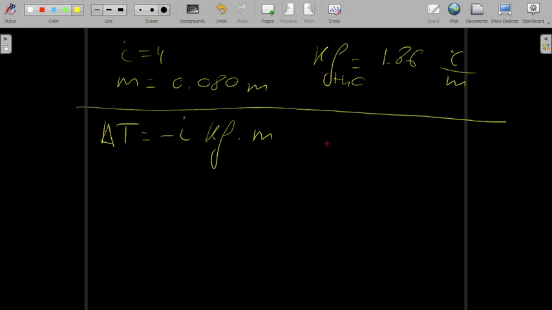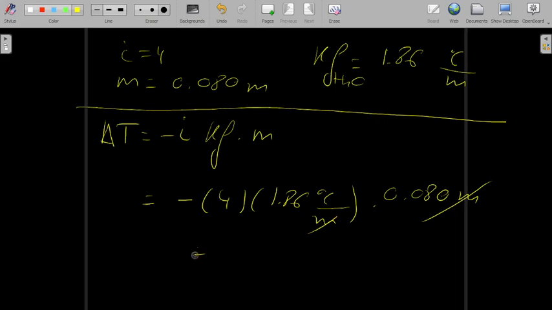Minus what? i times Kf, 1.86 degrees Celsius divided by molality, multiplying the molality that we found, 0.080 molality. And if you do this, you find out that the temperature decreased by 0.60 degrees Celsius. So by adding aluminum nitrate to the water, the freezing temperature went down 0.60 degrees Celsius. That's what it means.